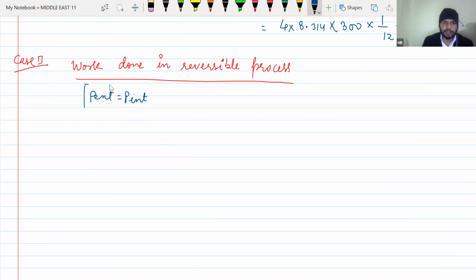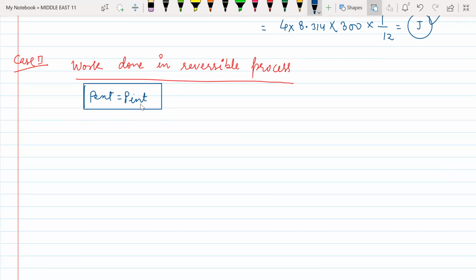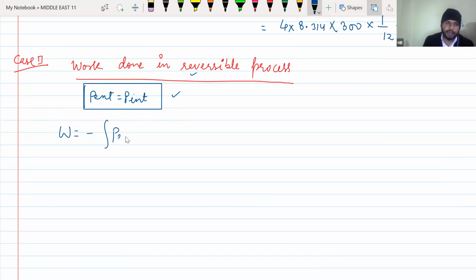In a reversible process, the pressure is equal internally and externally, right? Yes, sir. So P external is equal to P internal. This is the condition for reversible, and work done equals minus P external into dV. We know that, and we can also write P internal in place of P external because both are equal. Okay, and P internal is for gas, right or not?